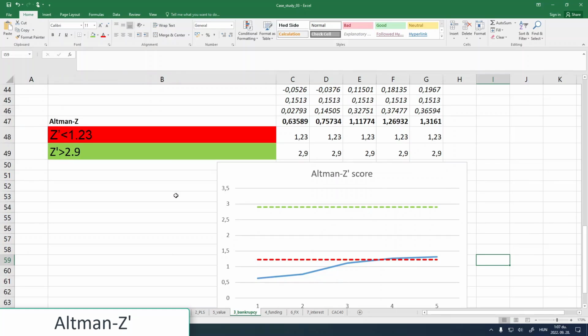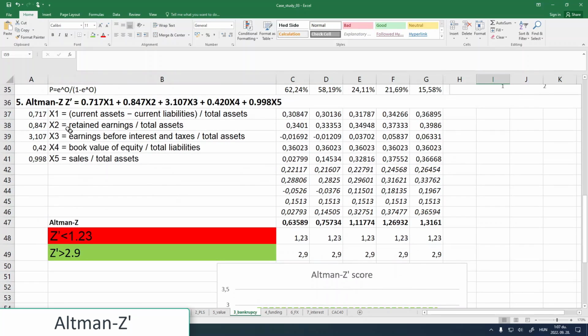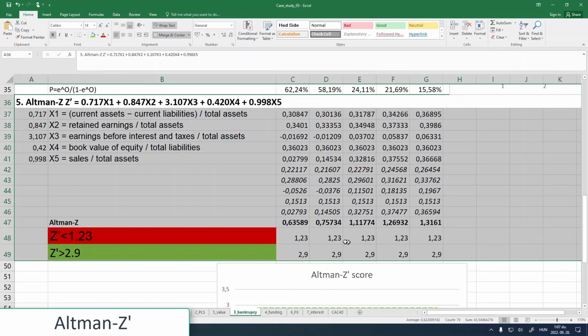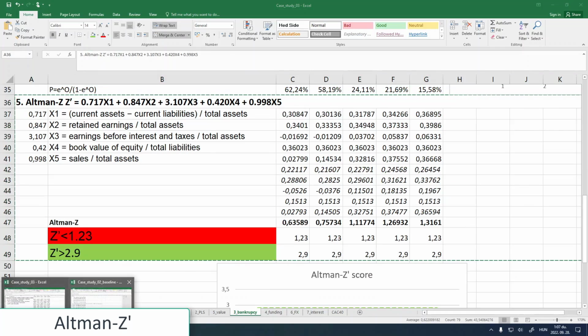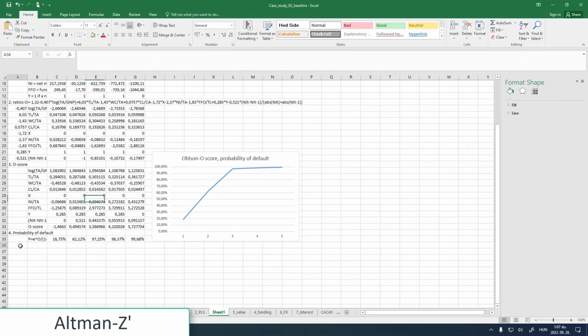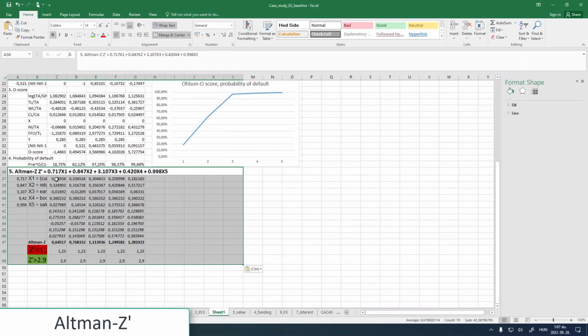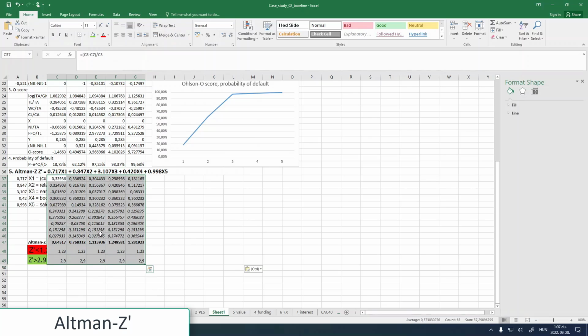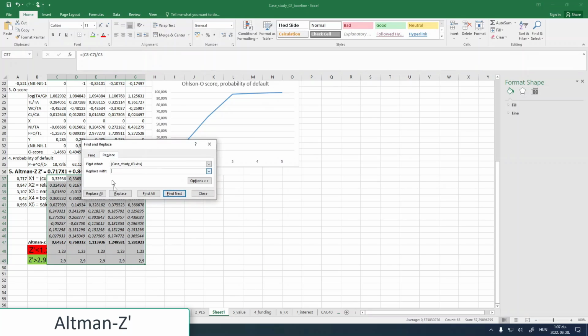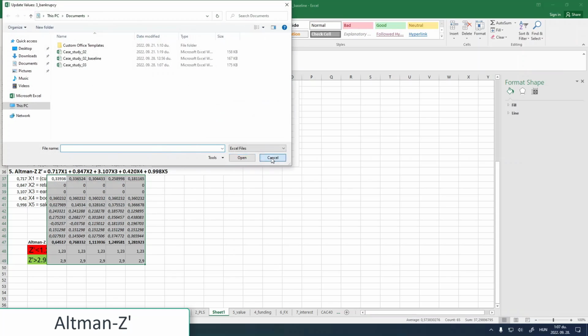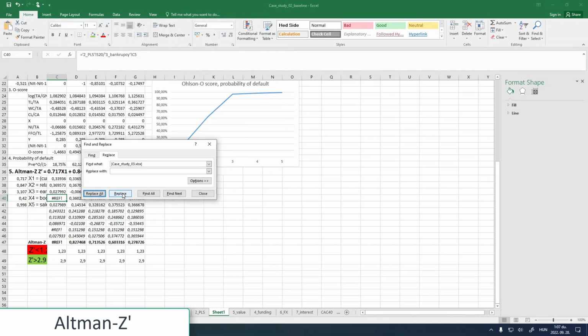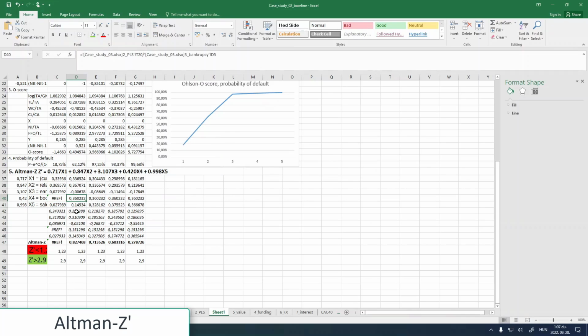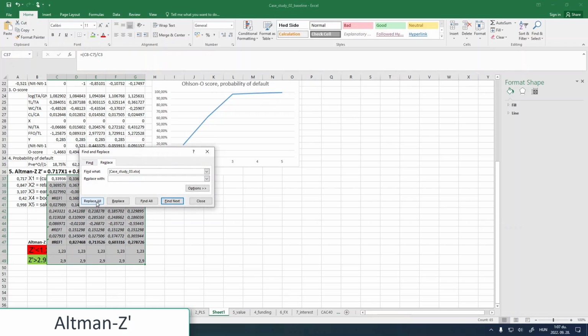And obviously now we should ask the question: okay, but what is happening in the case of the original company? So let's copy this. Okay, so replace all.